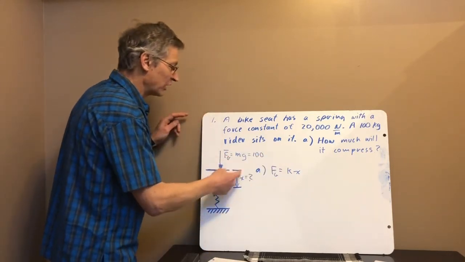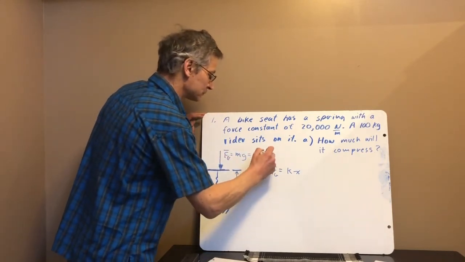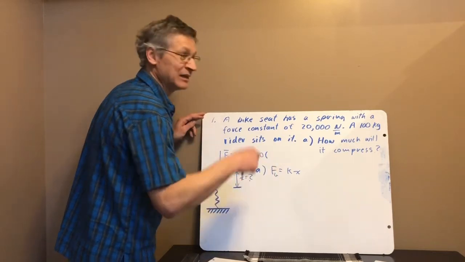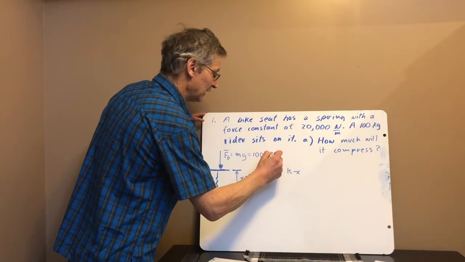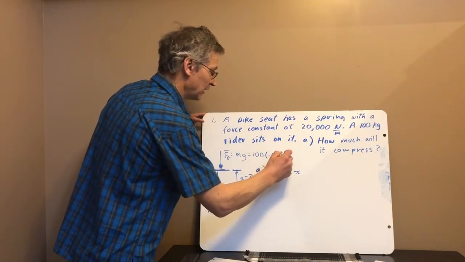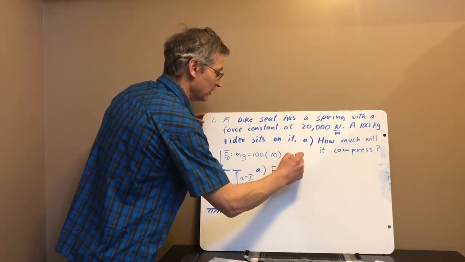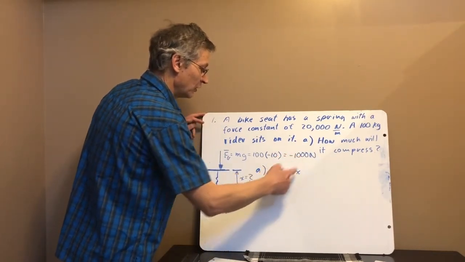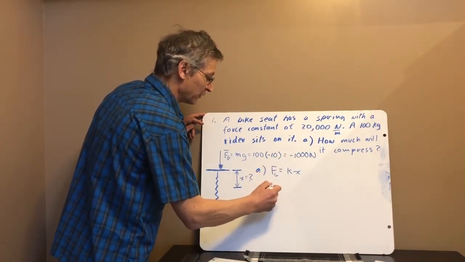The mass of the rider is 100 kilograms. The gravitational field is down, so it's going to be negative 10 newtons per kilogram, and there's your force of gravity, negative 1,000 newtons. So that's the force on the spring, negative 1,000 newtons.